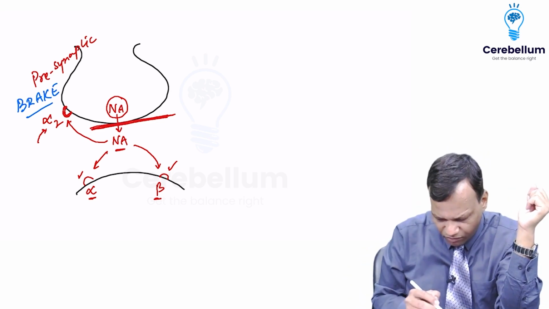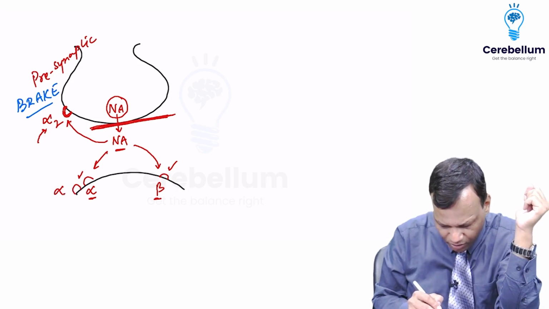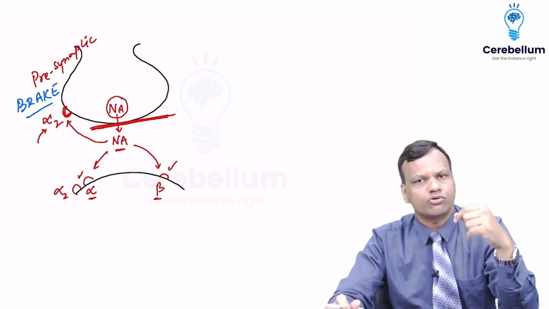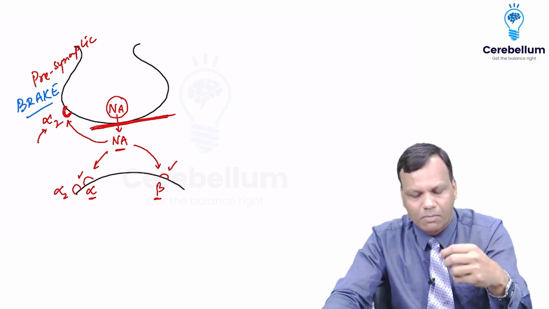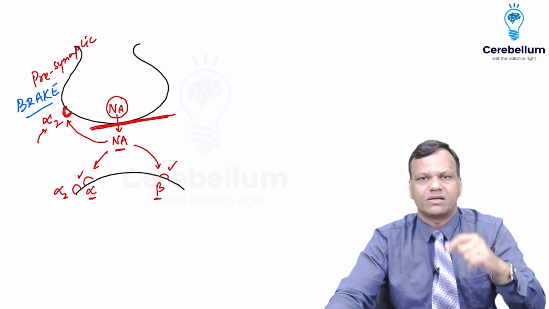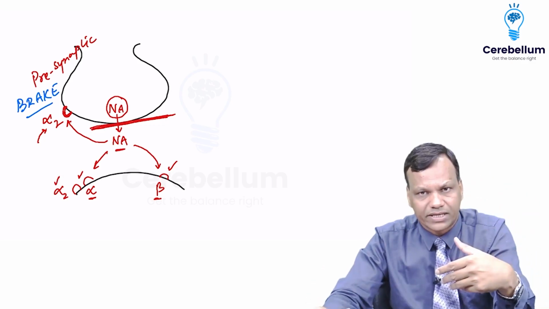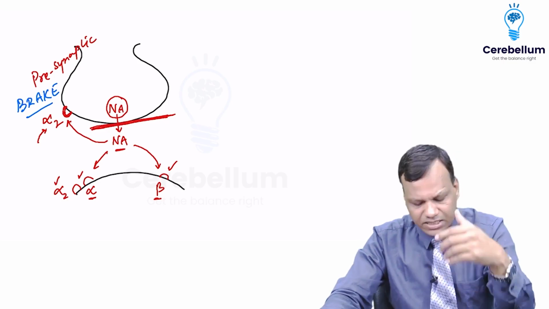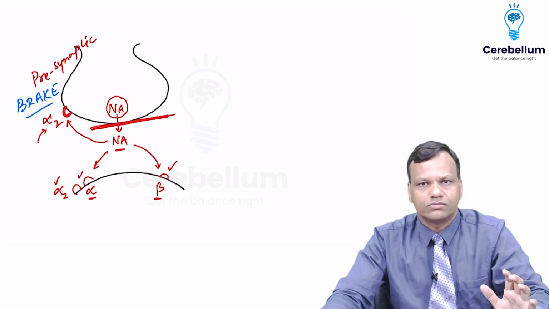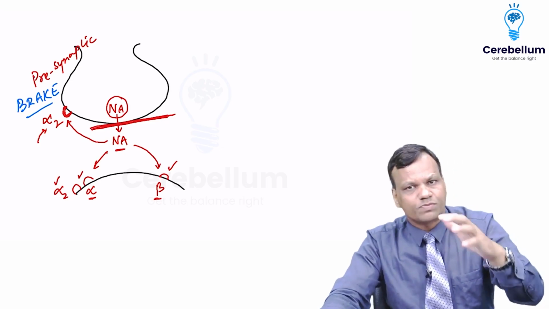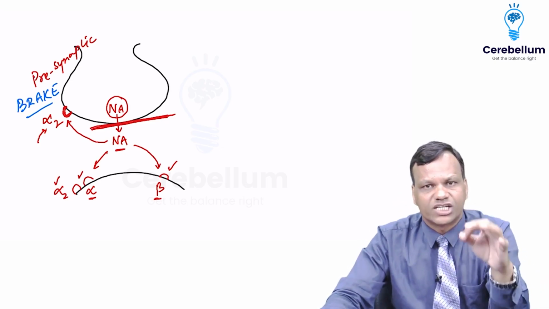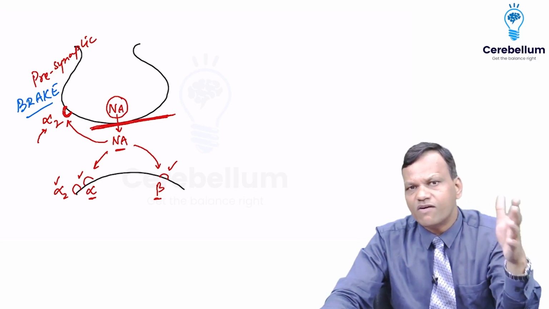But a little bit of alpha 2 is present postsynaptically also. Remember, mostly postsynaptic receptors are alpha 1, but a little alpha 2 may be present postsynaptically. Whenever alpha 2 is present postsynaptically, it forgets that it is alpha 2; its function is exactly similar to alpha 1.